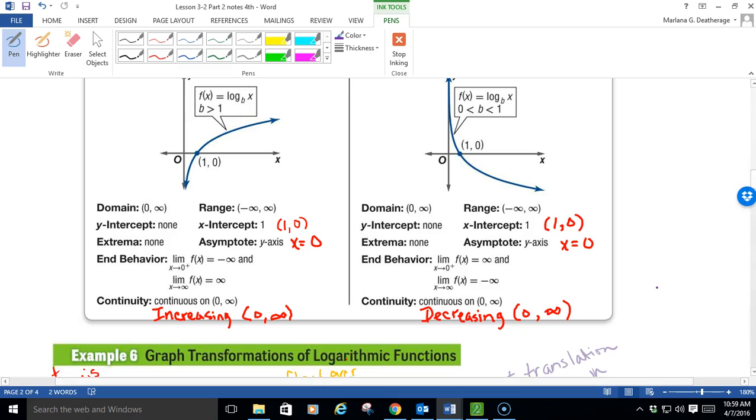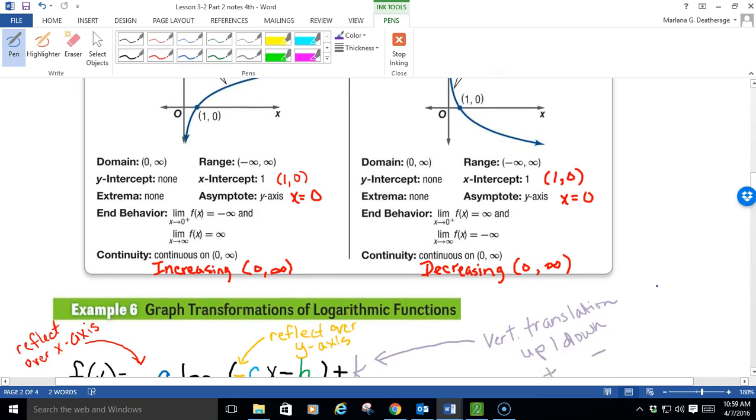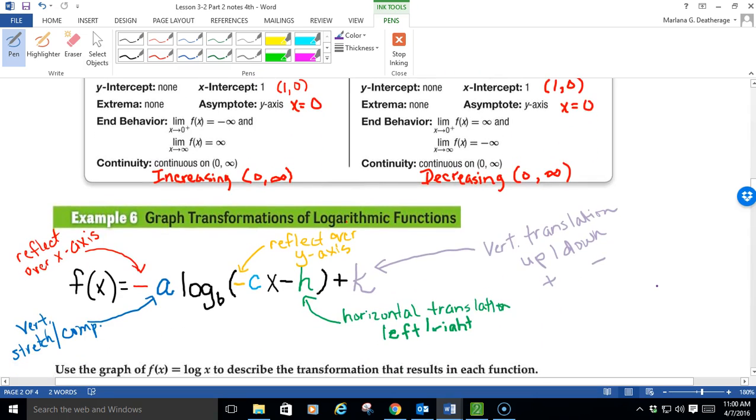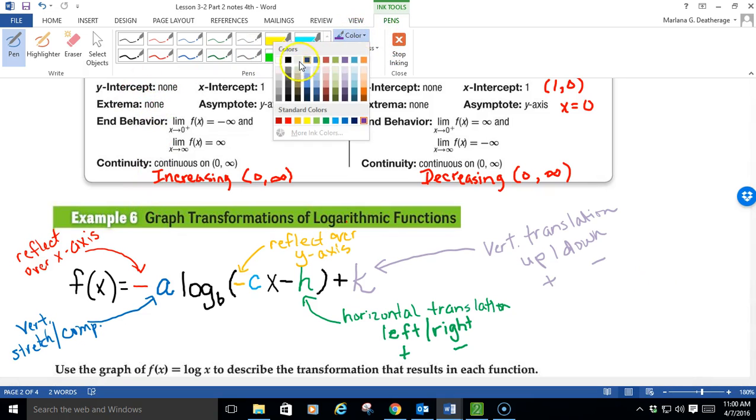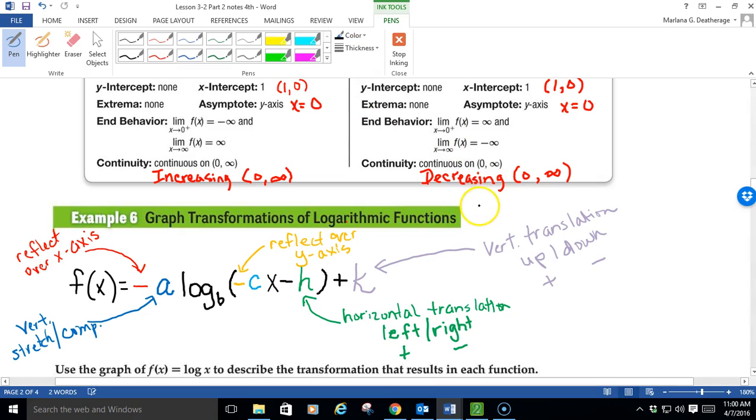Okay, moving on to transformations. The base function, or the parent function, is log base b of x.